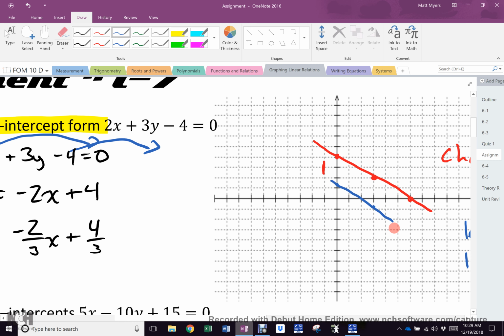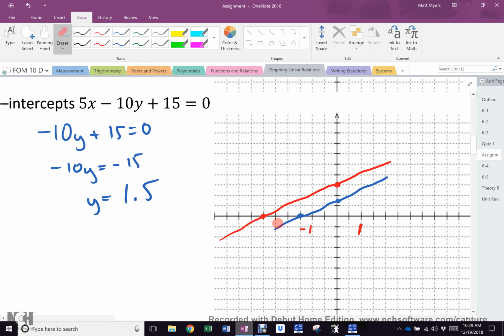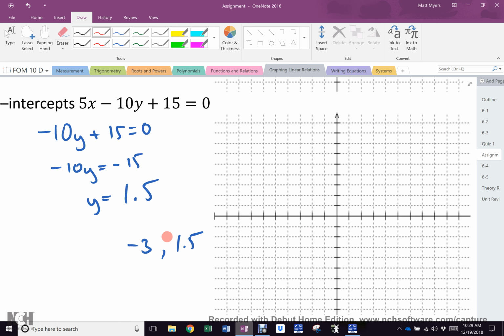And then the second one's the exact same way. Second one, my two intercepts were -3 and 1.5, right? 1.5 is a pain because it's a fraction. So I do 1. What does that make this? 0.5.